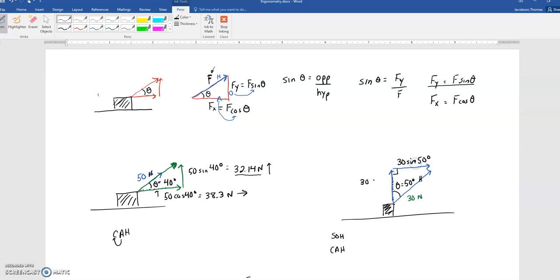And then this is adjacent, which is cosine, so this will be 30 cosine 50 degrees. And again, you would go to your calculator. 30 cosine 50 is 19.28 newtons, and 30 sine 50 is 22.98.